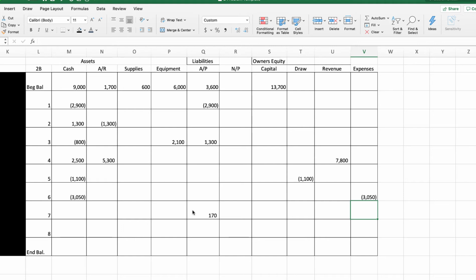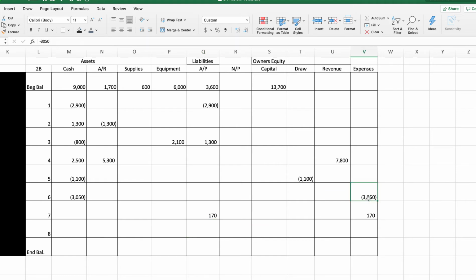Now, again, mathematically, we need everything to hold true. Okay. So if I'm increasing my accounts payable, that means I must increase my expenses. But look what happened here. Okay. And this is where we get thrown for a loop, right?